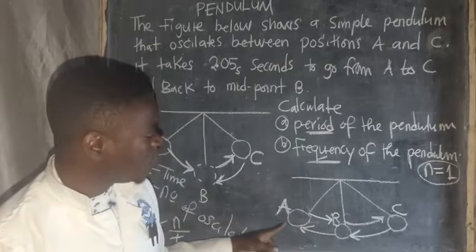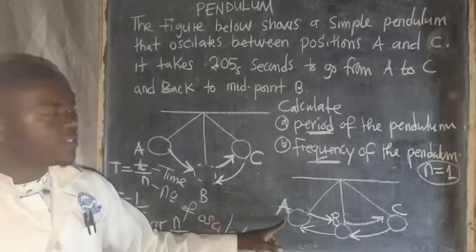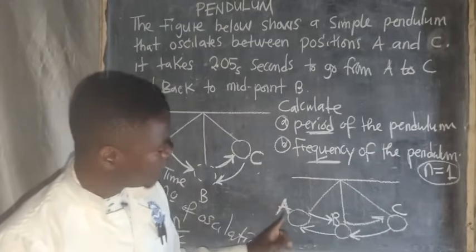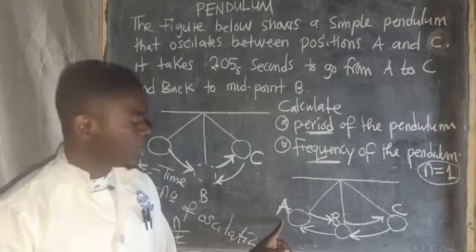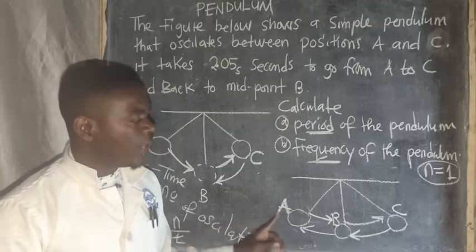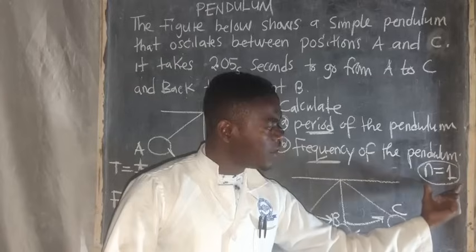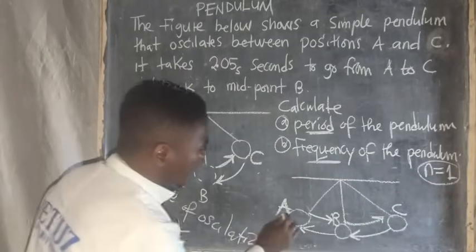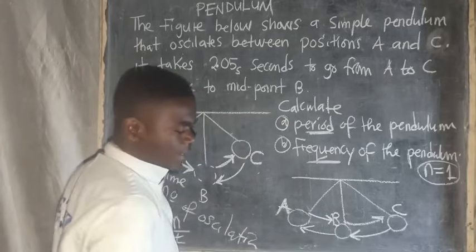So when it has moved from A to C and back to A, that is a complete oscillation, where N is equal to 1. But if it has moved from A to B, you need to know what N is.